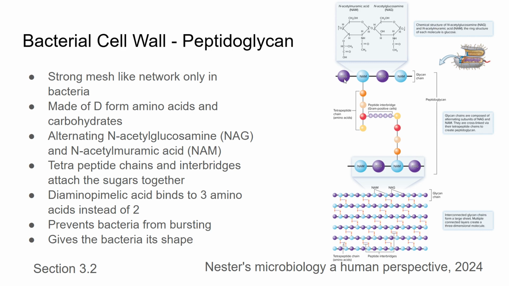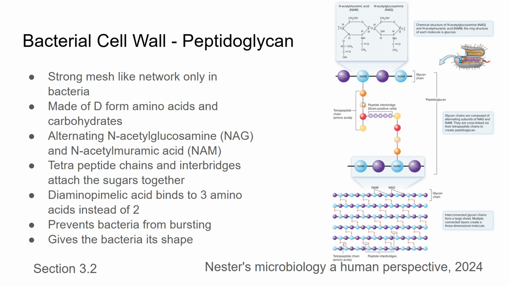We have NAG, NAM, NAG and NAM alternating. And then we have a tetrapeptide chain of amino acids that creates a cross-link between two different chains of NAG and NAM. So this is where that peptide part of peptidoglycan comes in. Peptide means protein. Glycan means sugar or glucose, sugar.